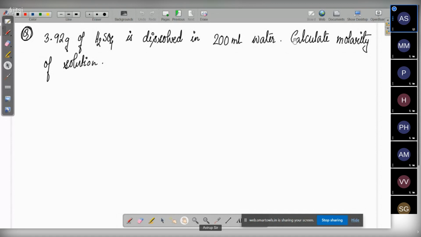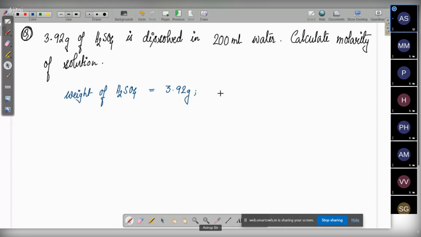So 3.92 gram of H2SO4 is the weight of sulfuric acid that is given to us. Weight of H2SO4 is 3.92 gram.